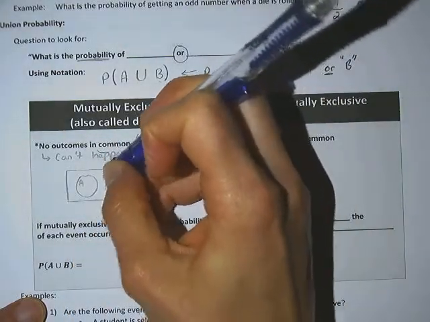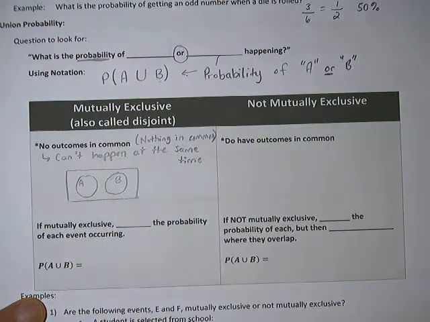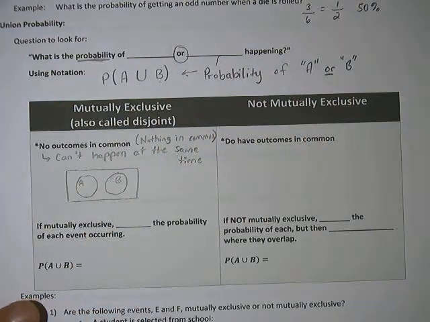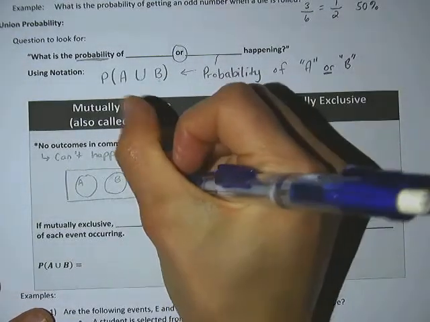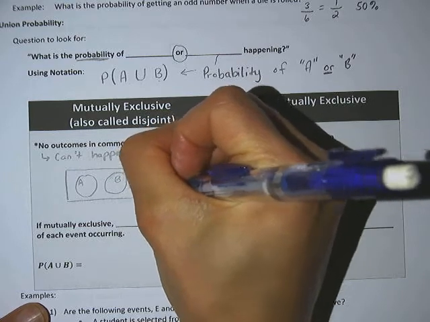Okay. And so mutually exclusive events in terms of the Venn diagram would be the ones that do not have an overlapping part.